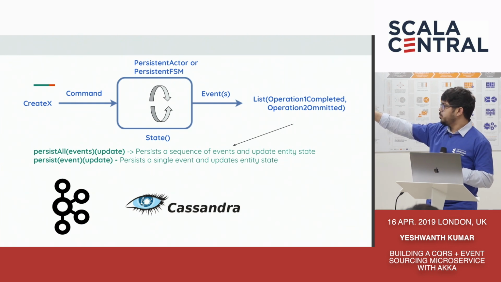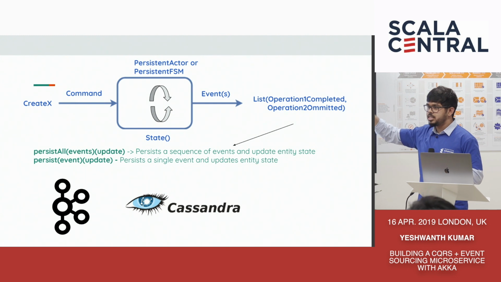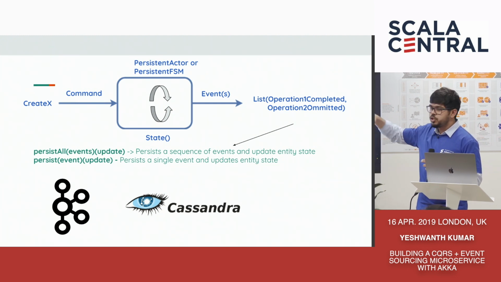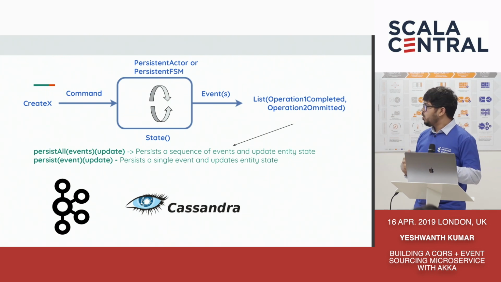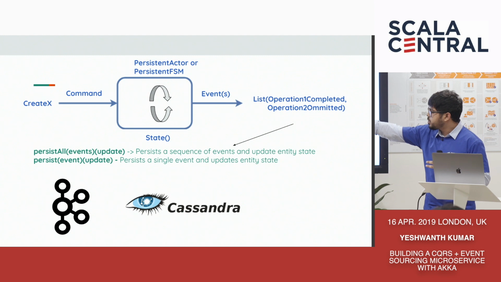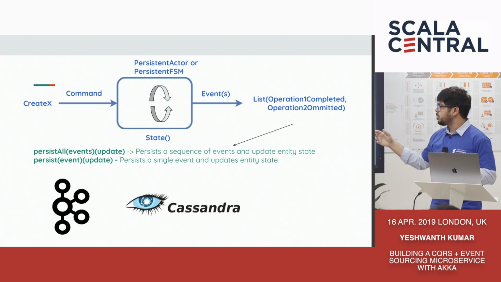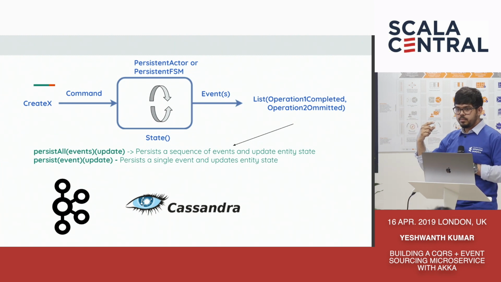You receive a command, you call persist all in the receive, and you pass the events. You do many operations, you want to create, you can do whatever you want, tell another entity or whatever, and then you call persist all. You pass the sequence of events that you want to persist to an external system, and the update would be called, which will update the actor state. Does that make sense?